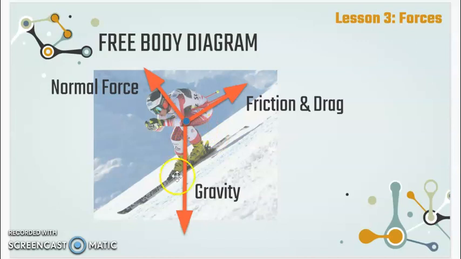And then finally, I have gravity pulling straight down, right? That arrow is perpendicular to the bottom of my screen. You can see the force of gravity, in this case, is greater than the normal force and the friction and the drag, and so the result is that my skier is going to go downhill. He's not going to go straight down into the earth, though, because that normal force is acting on him. So the resulting force is that he'll end up skiing down the slope.